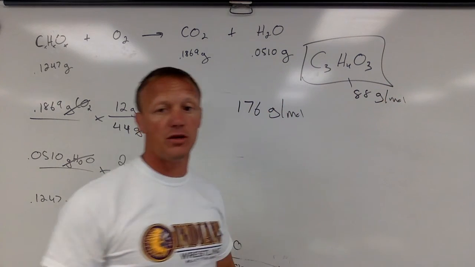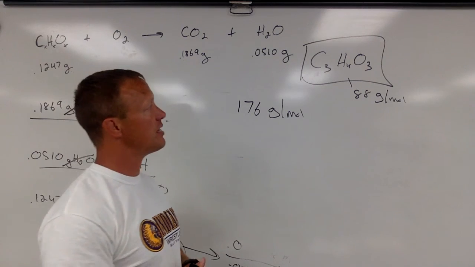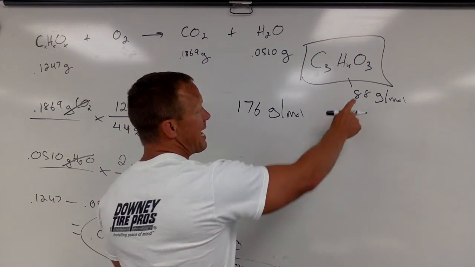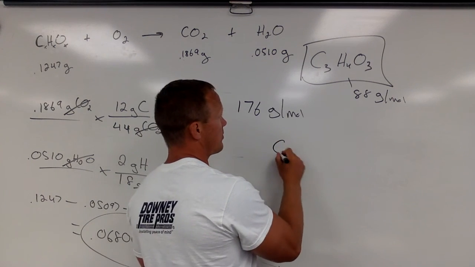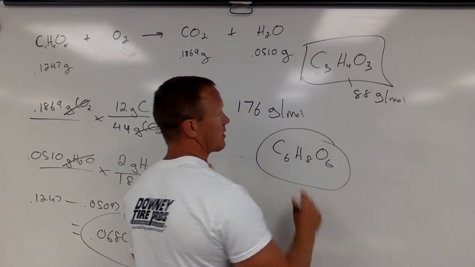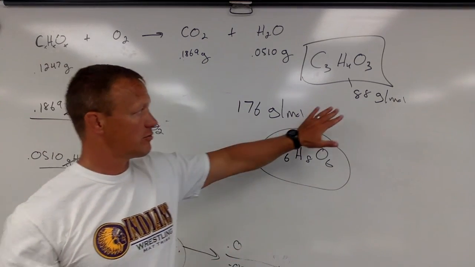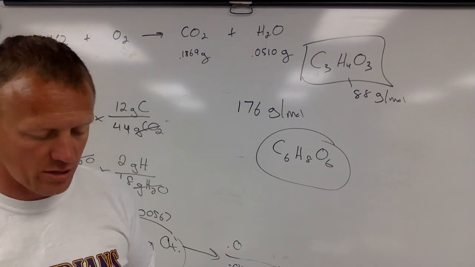Remember, the molecular formula would be double or triple or quadruple or whatever it is of the empirical. Well, 88 goes into 176 exactly twice. So the molecular must be C6H8O6. Again, just figure out how many times this goes into the molar mass of the actual compound.